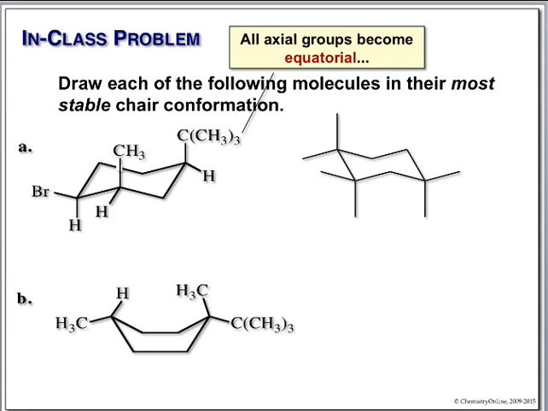The bromine is equatorial here, so it must be axial. And the methyl group, well, this is the carbon with the methyl, it's axial, so it must be equatorial. So putting them in, 2 equatorials and 1 axial bromine.